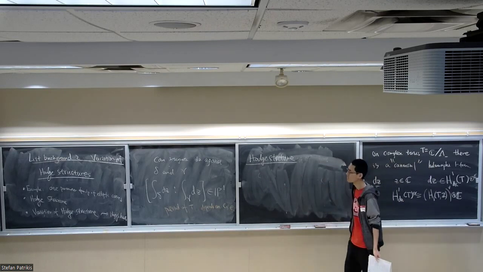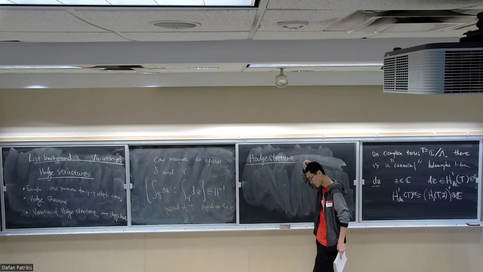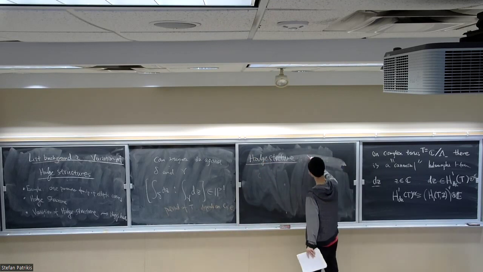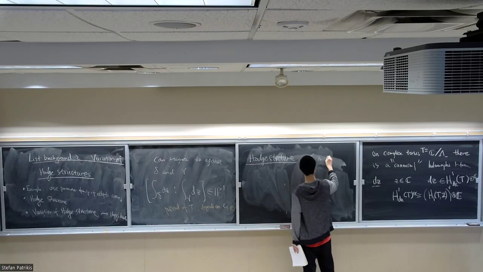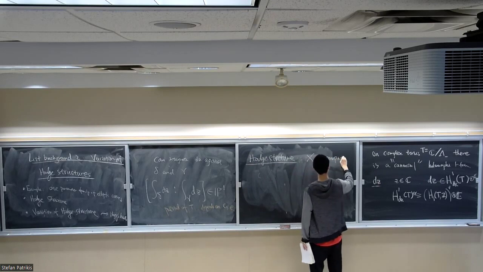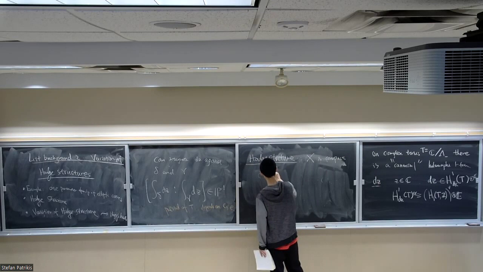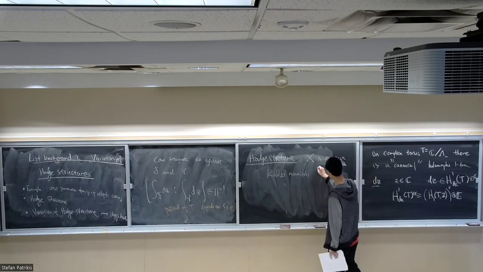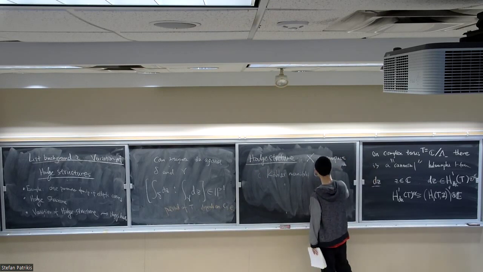In these talks, we mostly work with complex numbers. So I'll assume that our starting point is a compact Kähler manifold. And if you don't know what this is, you can just think about this as a smooth projective variety over complex numbers.